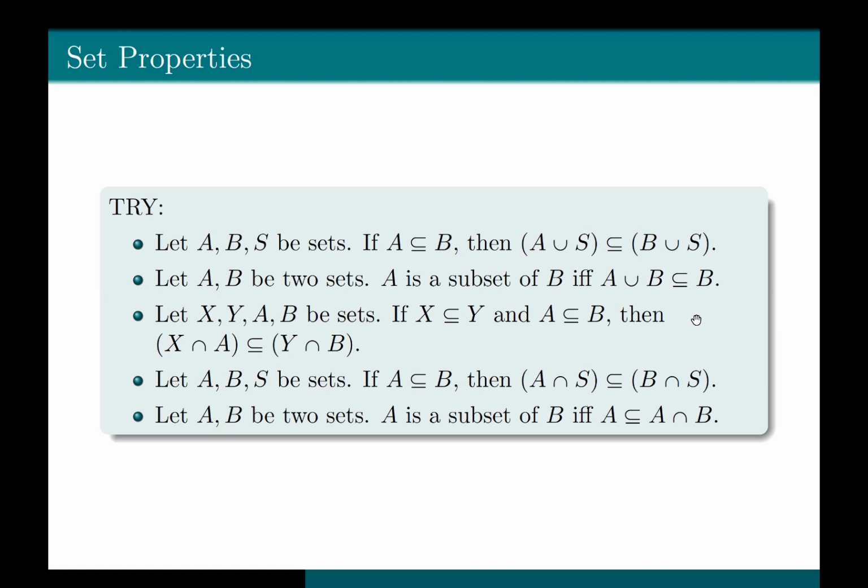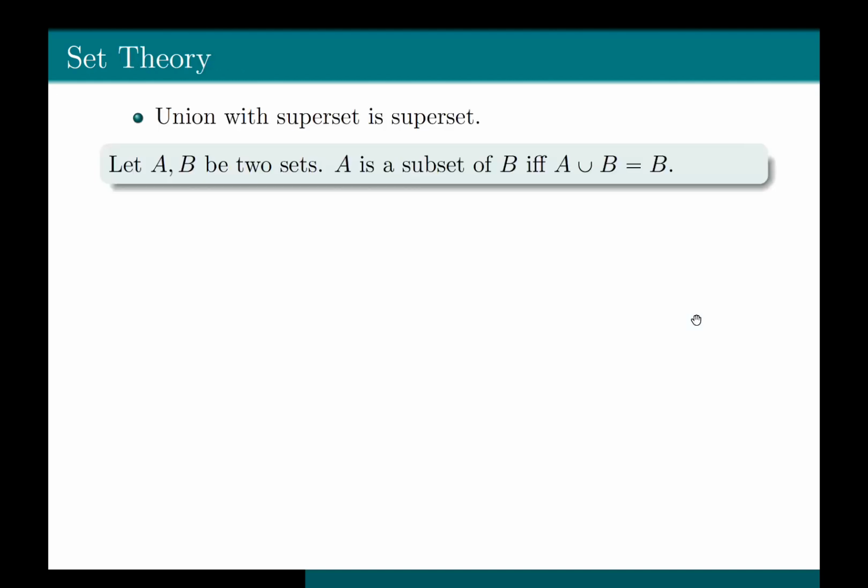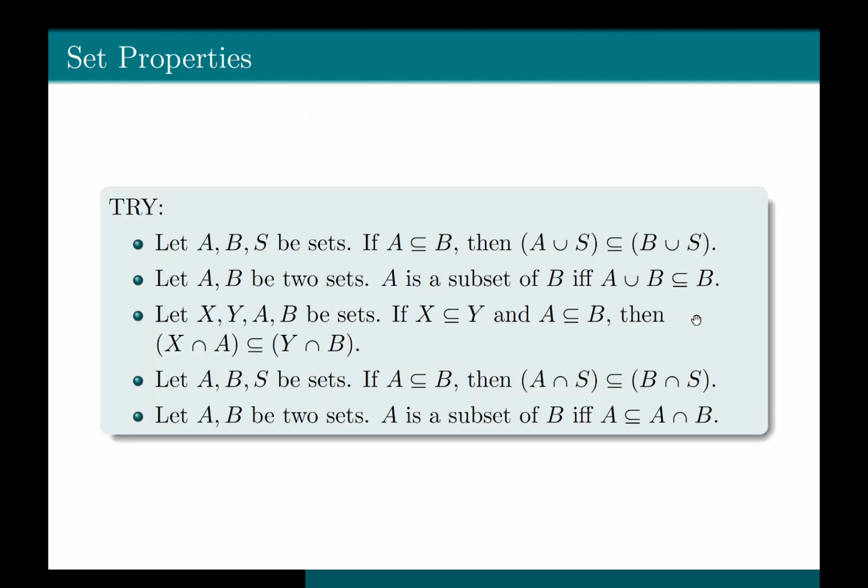Now, the second property is very interesting. You have to prove that A is a subset of B if and only if A union B is contained in B. I have proved this property over here, but I will quickly give you a hint. How can you prove one side?